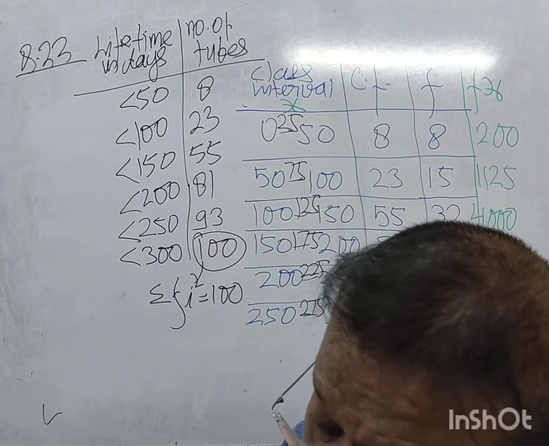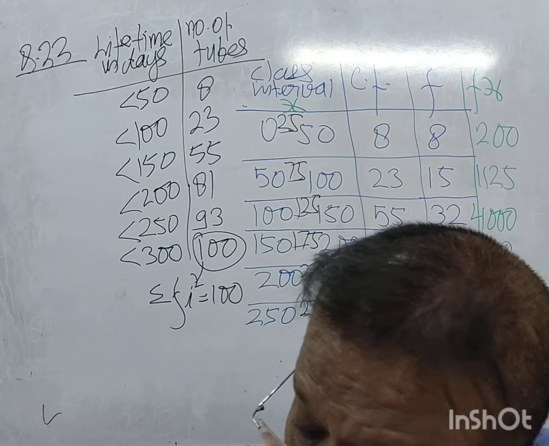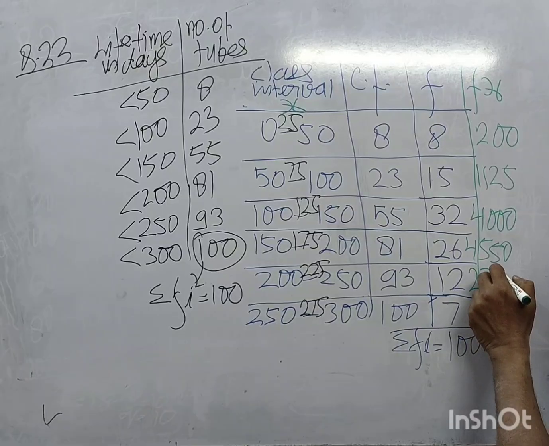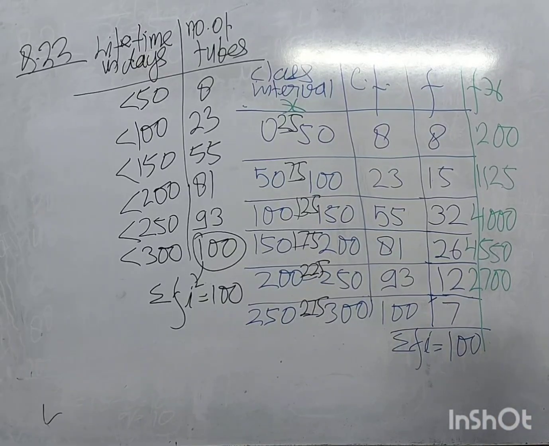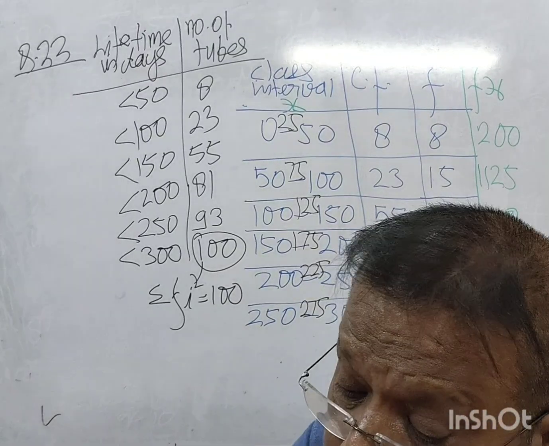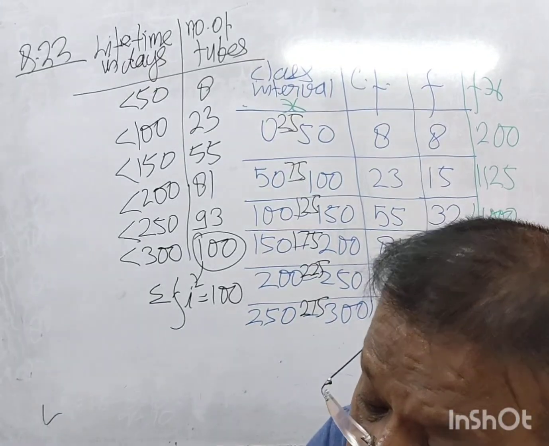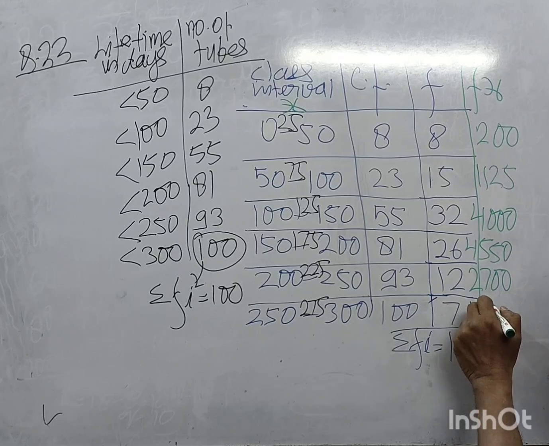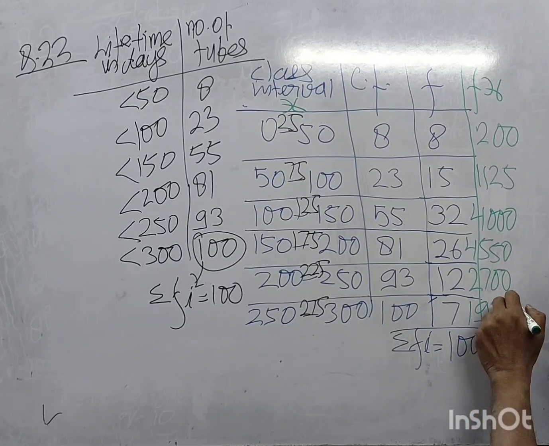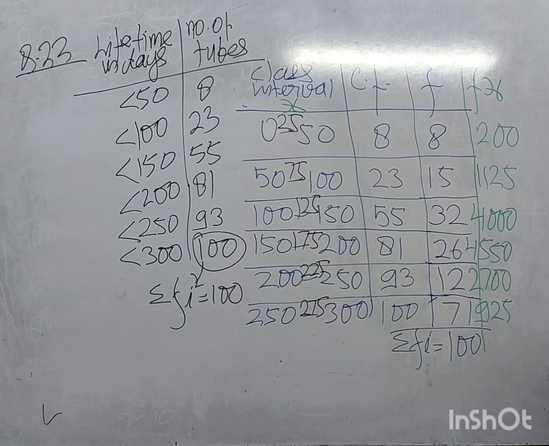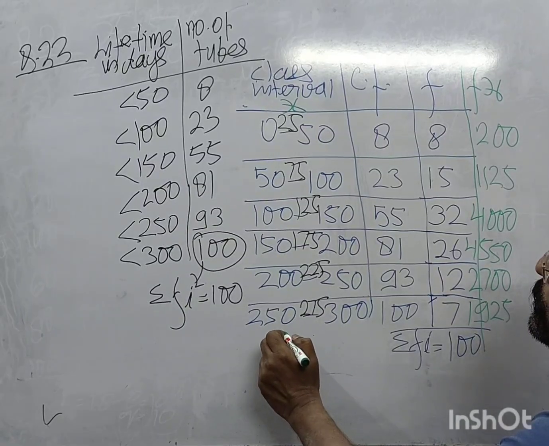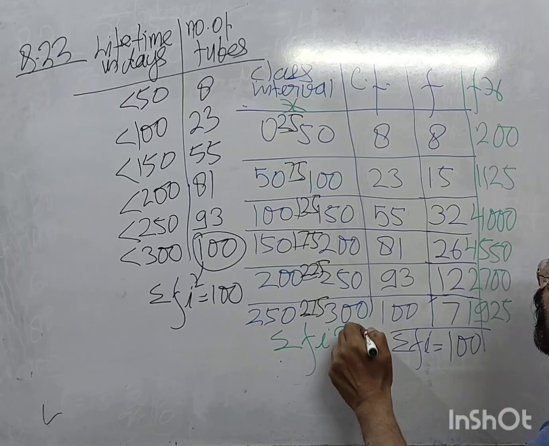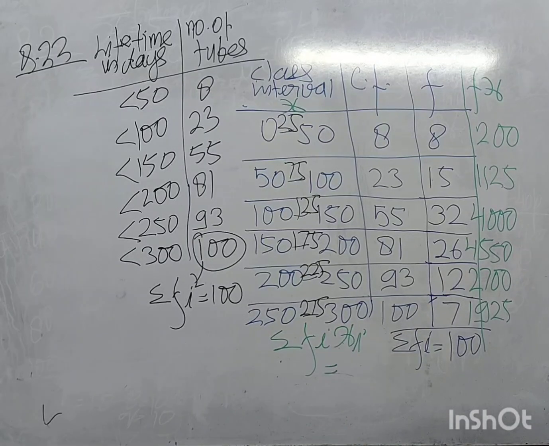Now 12 into 225, 2700. Or 7 into 275, 1925. Right? So summation of Fi xi is equal to how much?